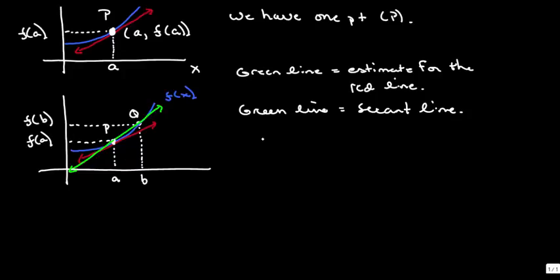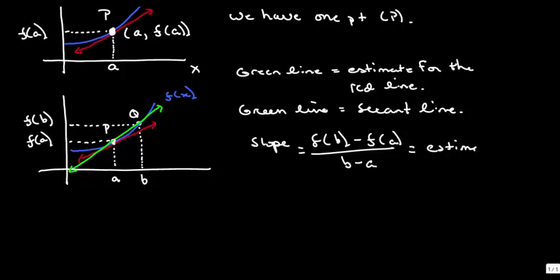So our slope is going to be f at b minus f at a over b minus a. So this right here is an estimate for the slope of the red line, which is the tangent line.